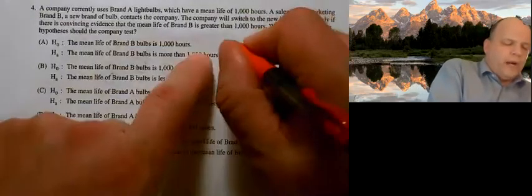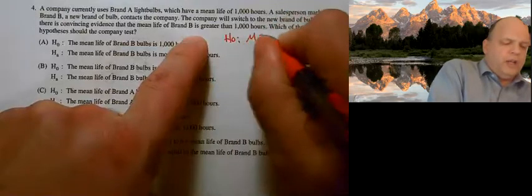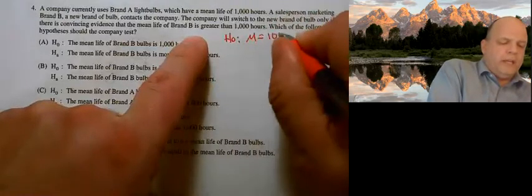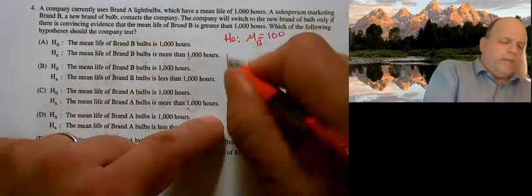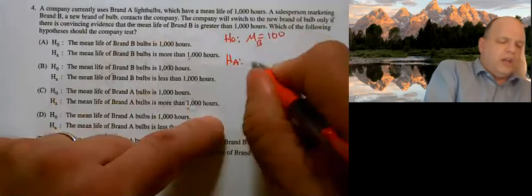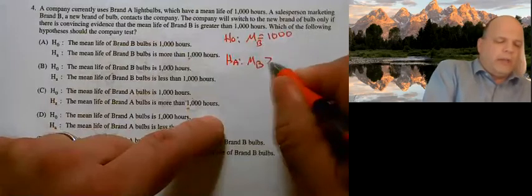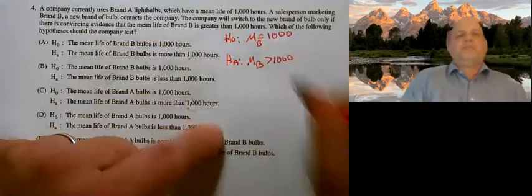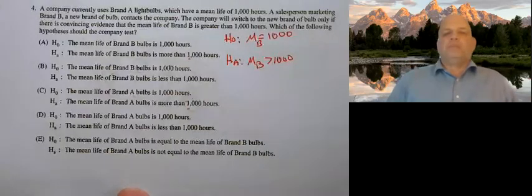Well, if I'm just writing this out, the assumption is that the mean of brand B is 1,000. The alternative, I'll make a change if the mean of brand B is greater than 1,000. So which one actually looks closest to that?